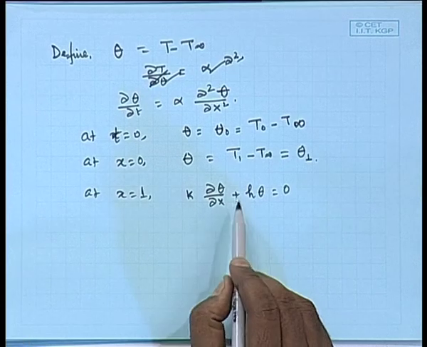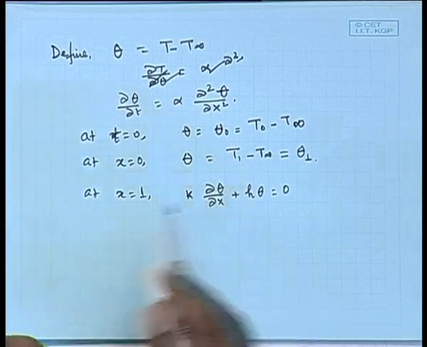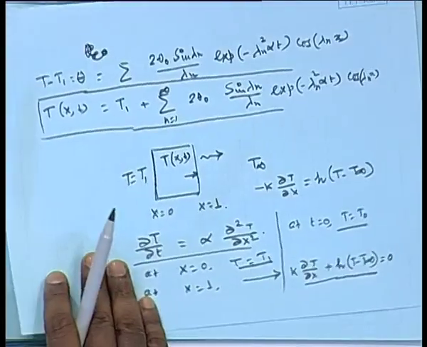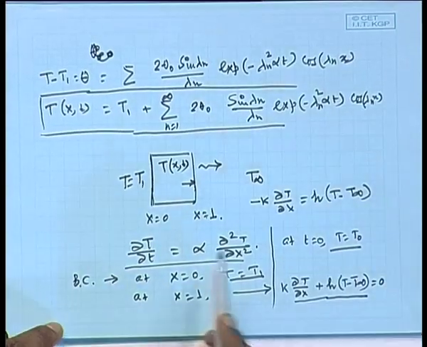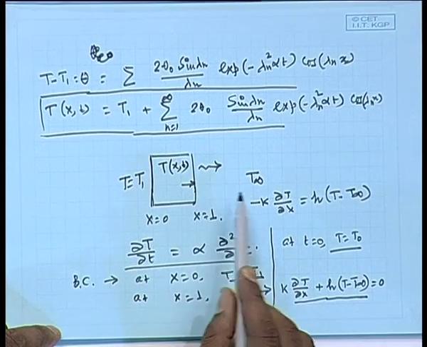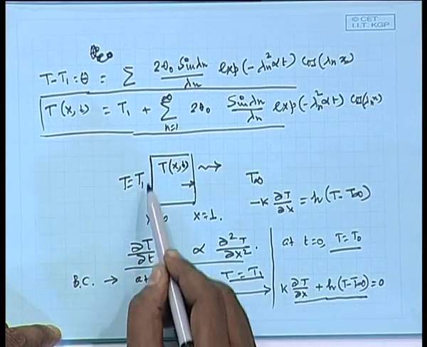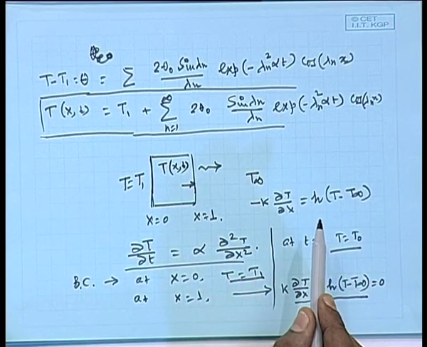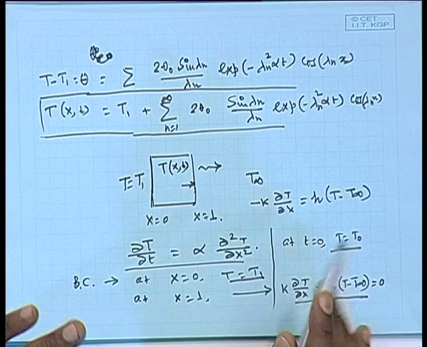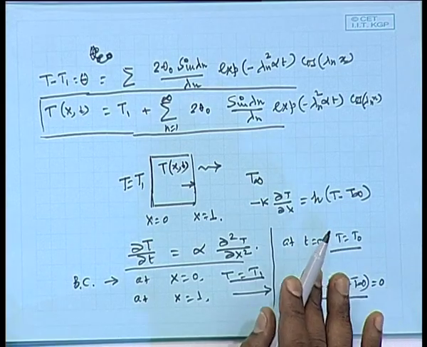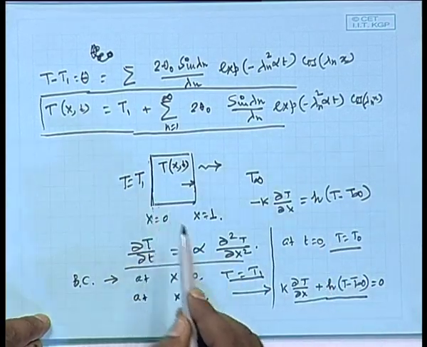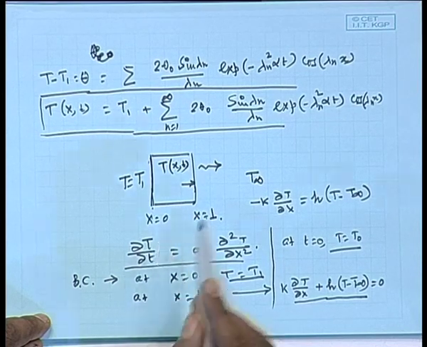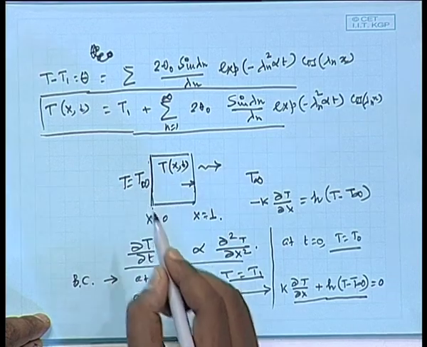Now, we will solve this problem later on. Let us slightly modify the boundary condition for the ease of solution. Let us say this boundary condition is open to atmosphere, that is fine. Let us maintain the boundary at x equal to 0 at the ambient temperature, that is T equal to T infinity here.